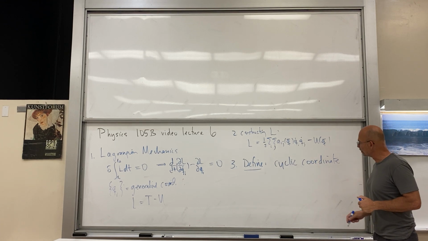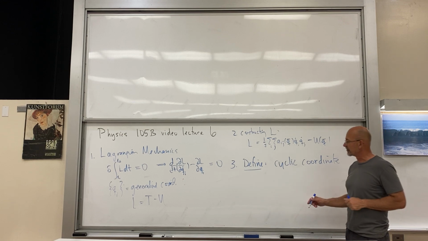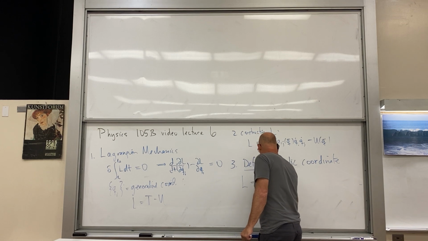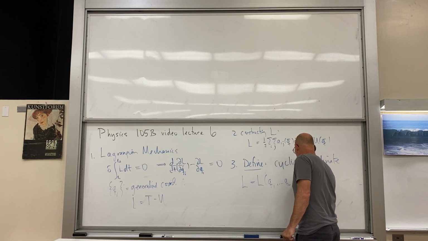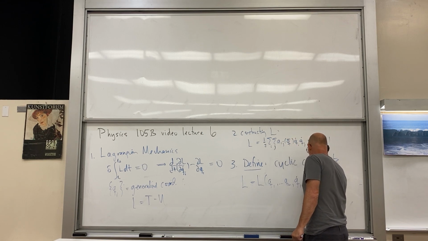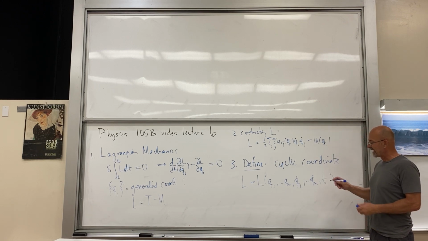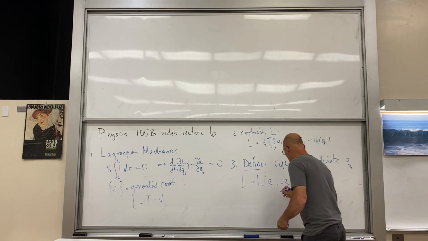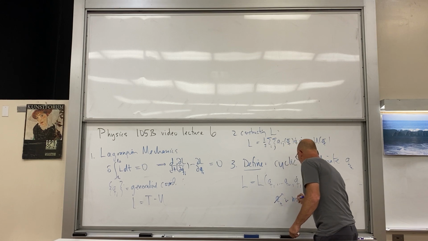The cyclic coordinate, what is that? A cyclic coordinate is a coordinate that does not explicitly appear. So we have a Lagrangian, and in its most general form, q1 to qn, q1 dot to qn dot, and t. That's the most general form. A cyclic coordinate, let's say q sub k, is when the q sub k is not explicitly present.